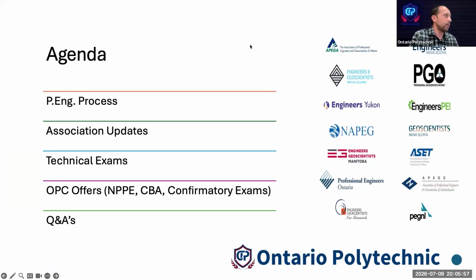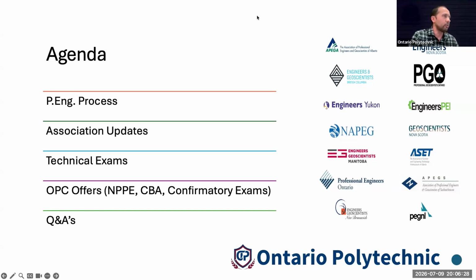So for today, this is the agenda I'm going to talk about. I have maybe a 30-minute presentation, and after that we will have your questions answered, Q&A at the end. This presentation applies to anyone in Canada who wants to apply through any association except Quebec. If you are from Ontario, BC, Eastern Provinces, or Alberta, this applies to you.